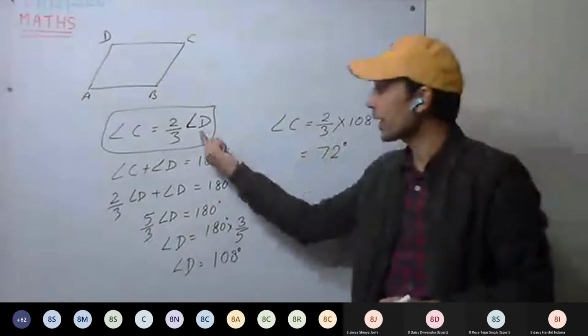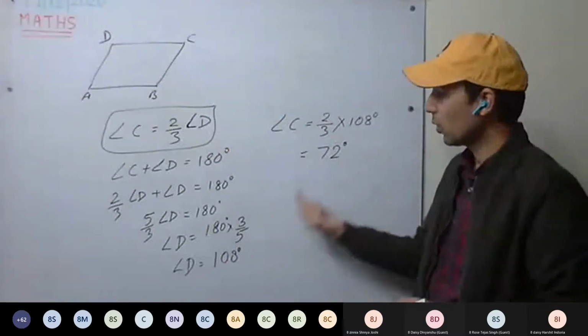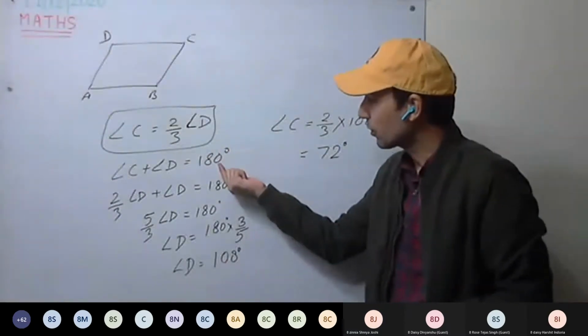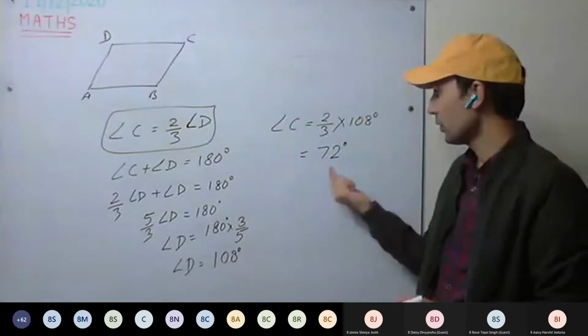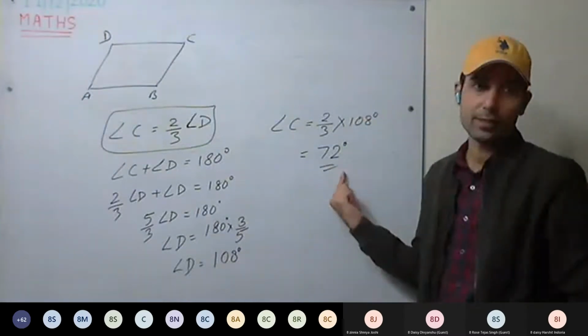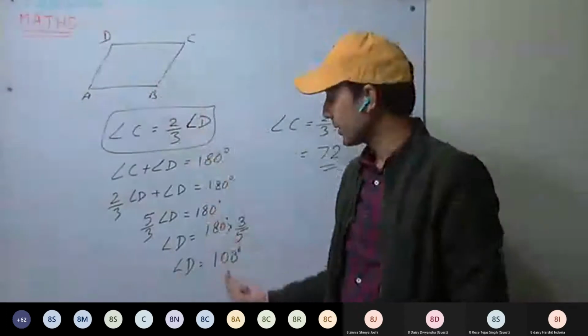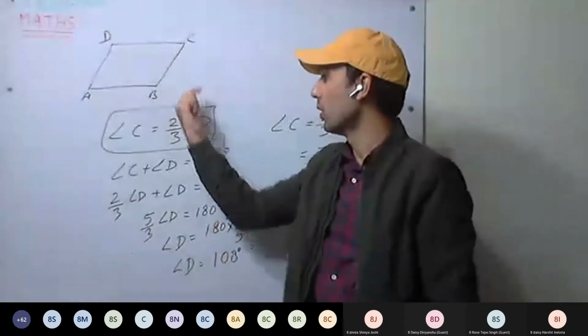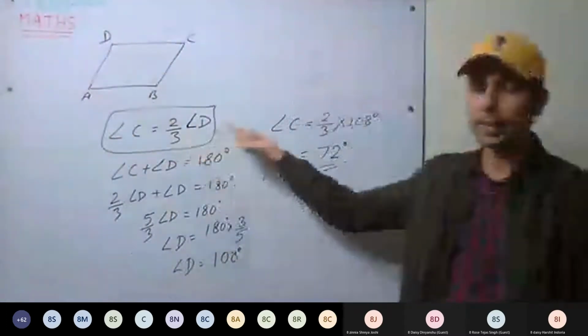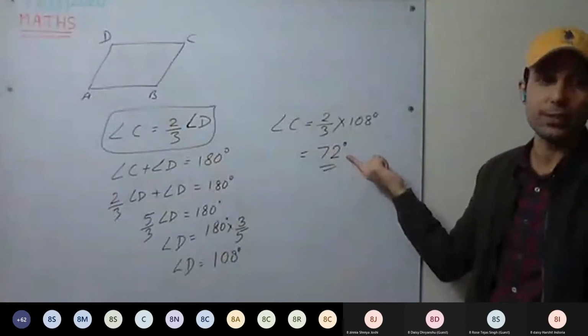Okay. Here you can calculate this one from here, or you can subtract 108 from 180 degrees as well, and you get 72 degrees, because these two are supplementary. So 180 minus 108, we get 72. Or using this relation as well, it will come out to be 72 degrees.